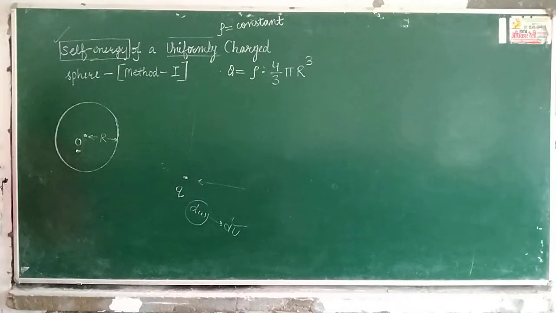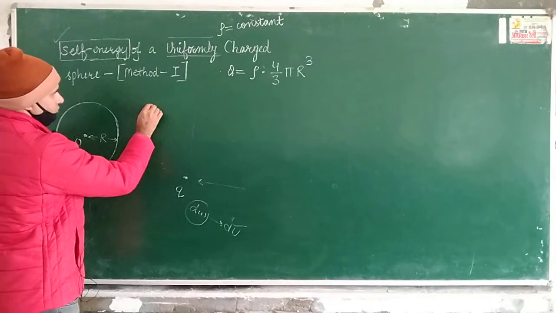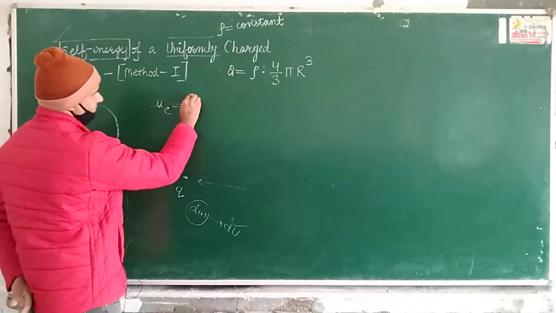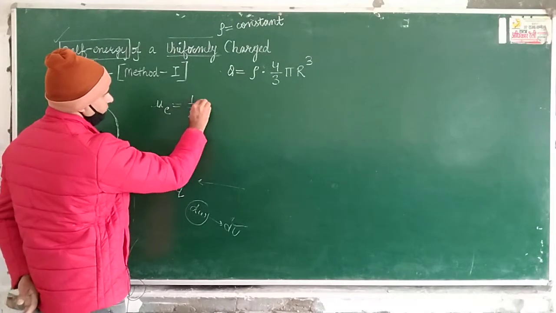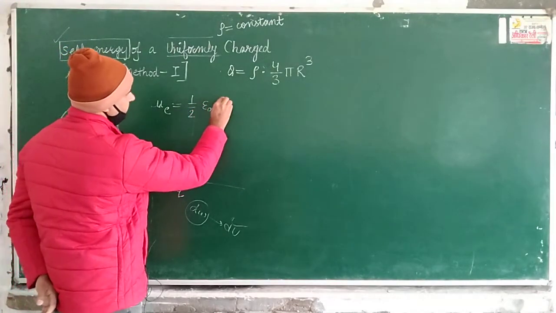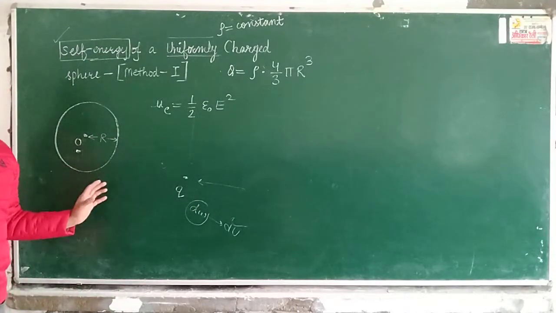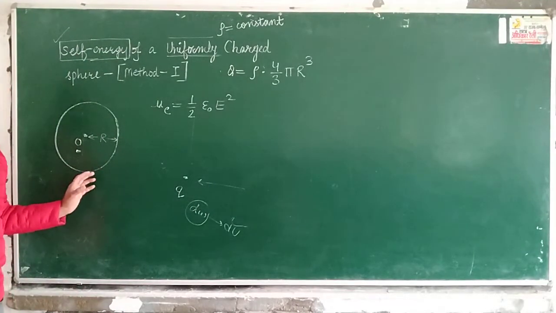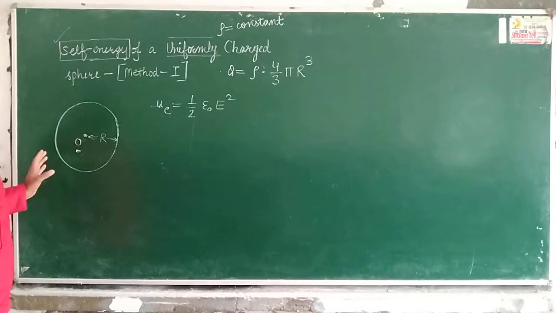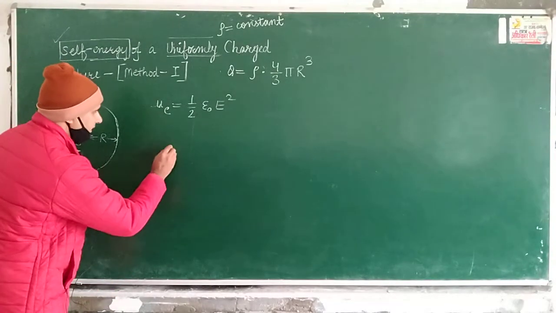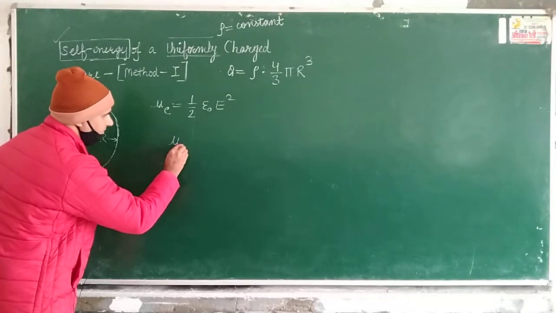Now in the first method we will make use of the formula of energy density, which is 1 by 2 into epsilon naught E square. This is the energy density. To find the self energy of this uniformly charged sphere, we will integrate this relation over the available space.